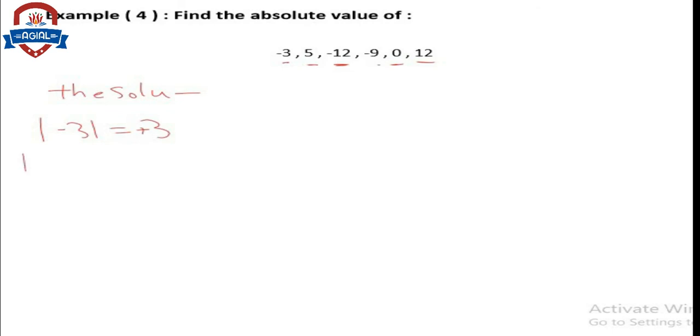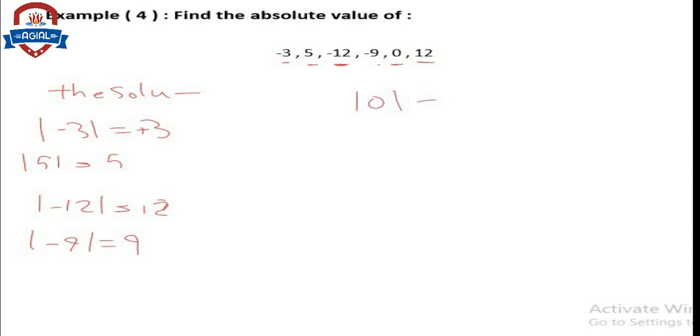And the absolute value of 5 is positive 5. The absolute value of negative 12 is equal to 12. The absolute value of negative 9 is equal to 9.